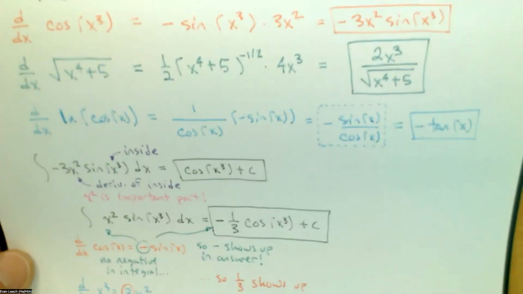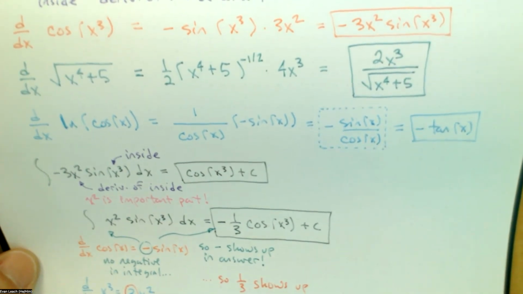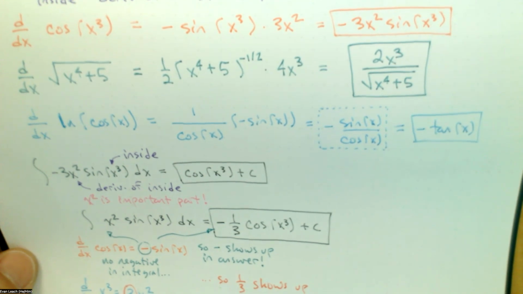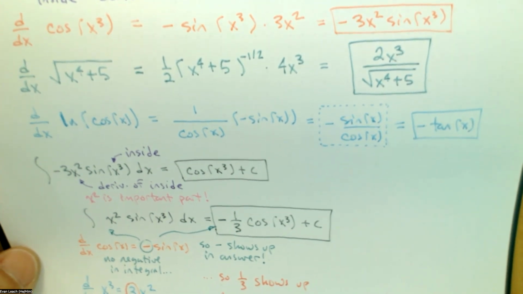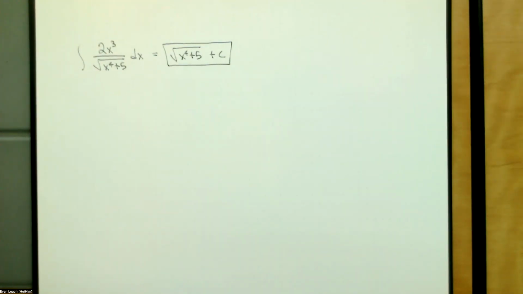We found the derivative of the square root of x to the fourth plus 5. It's 1/2 times x to the fourth plus 5 to the negative 1/2 times 4x to the third. That ended up with 2x to the third over the square root of x to the fourth plus 5. So we know what the antiderivative is. We know the indefinite integral already.